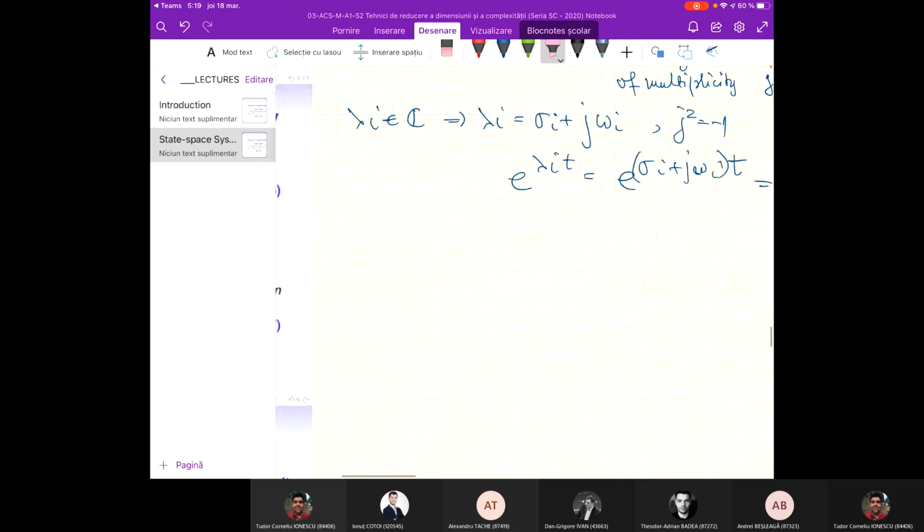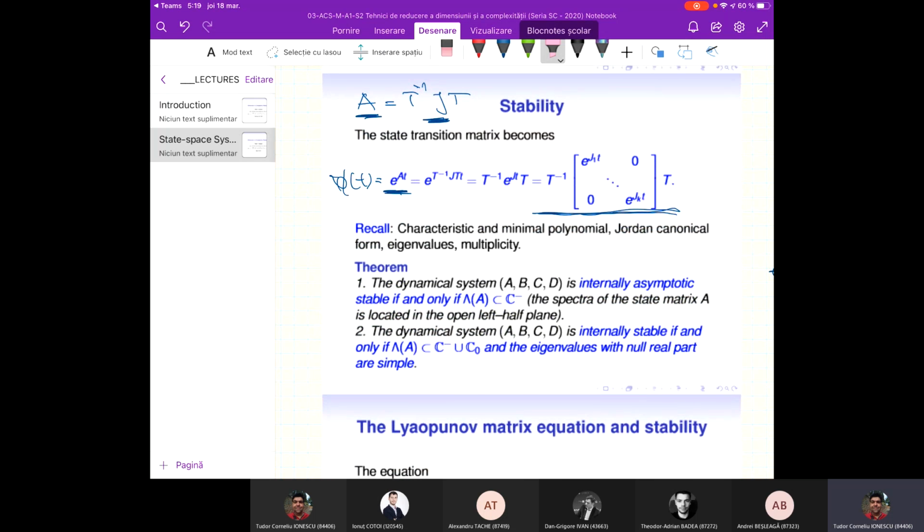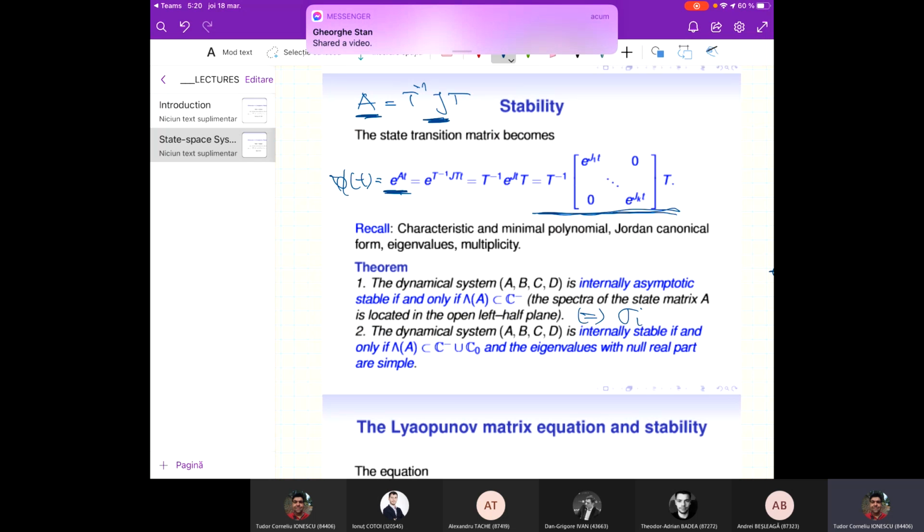Okay. And now look at the stability criterion. The dynamical system A, B, C, D is internally asymptotically stable if and only if the spectrum of A, so the eigenvalues of the matrix A, are all in the left half complex plane. So that means, if and only if, how is sigma I?